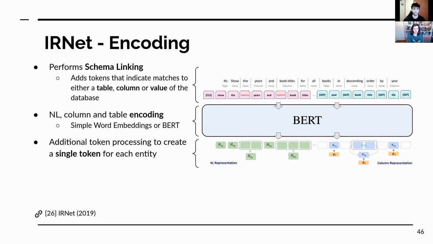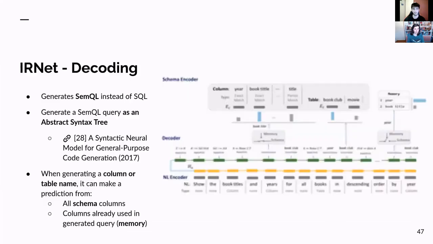Now, in IRNet, we can use BERT, but we can also use simple word embeddings and recurrent neural networks. So BERT is just an improvement, and it is not implemented, let's say, naturally, as was done in HydraNet. So when we have this input encoding, IRNet moves on with decoding this representation into a query.